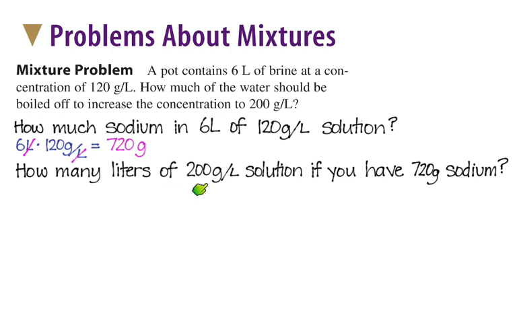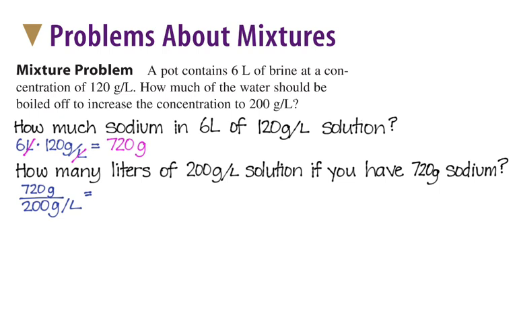So if we had this original amount, 6 liters, we had 720 grams of sodium. And if I wanted a solution of 200 grams per liter, this is the concentration I want, and I'm using this much sodium, how much water would that take to make it this concentration?